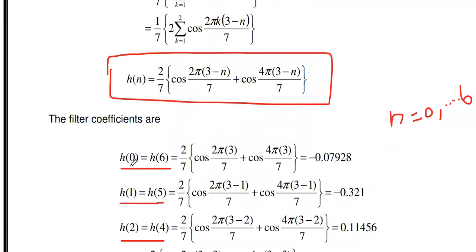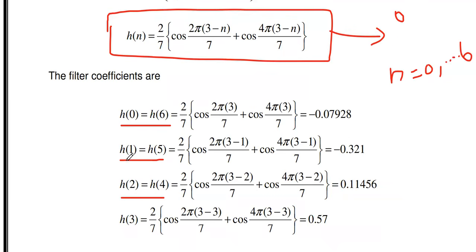The h of 0 is calculated by substituting n equal to 0 in this equation. We get minus 0.07928. If you substitute 6 also, we get the same answer. Similarly for n equal to 1, we get minus 0.321.